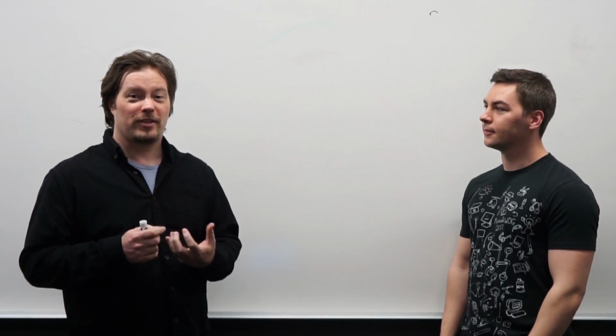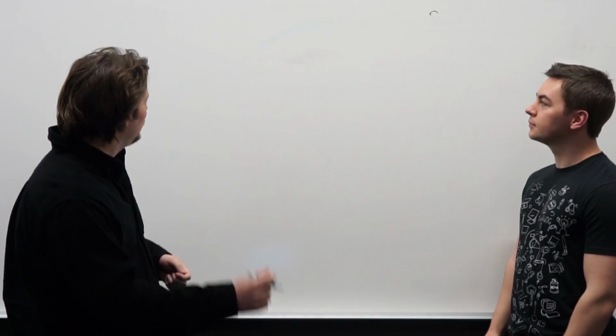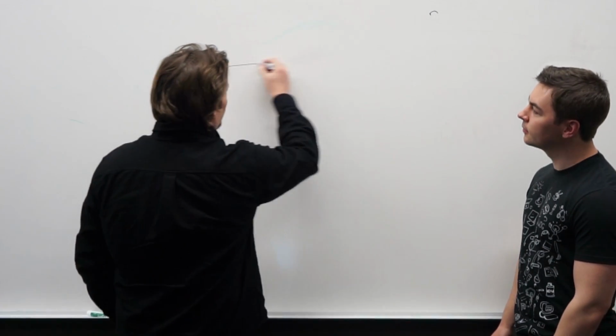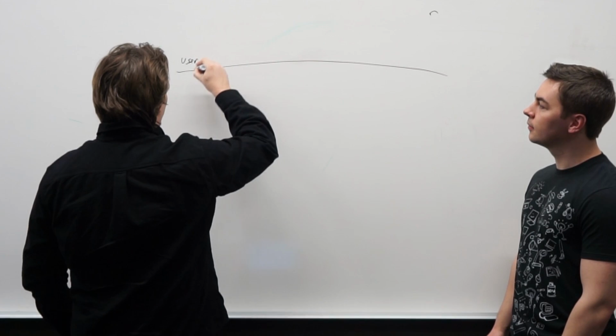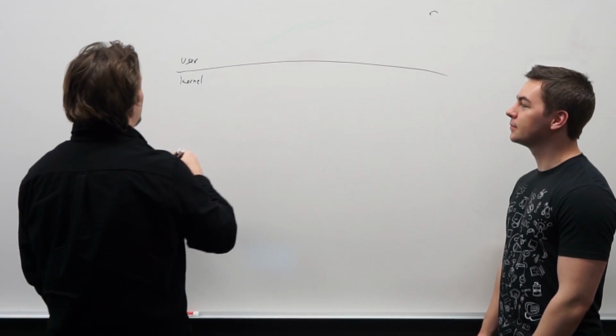All right, so let's first take a quick look at how the file system stuff in WSL worked. I've talked about this before, and I've drawn pretty much this exact diagram before, but I'm going to do it again. Let's say this is the user node up here, and that's the kernel node down here.